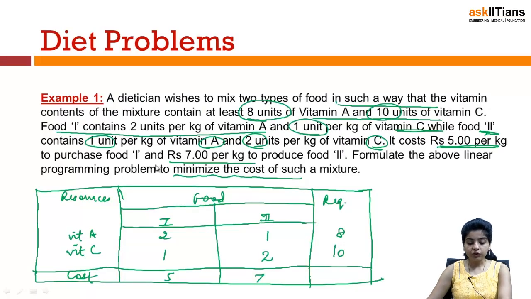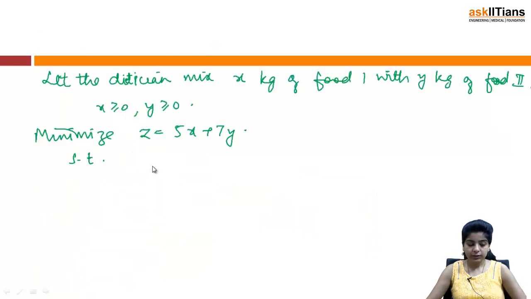now see, 1 kg of food 1 contains 2 units of vitamin A, right? And we have assumed x kg of food 1, so it will become 2x. So we'll have the constraint in the form 2x plus y greater than or equal to 8, because it is the minimum requirement.